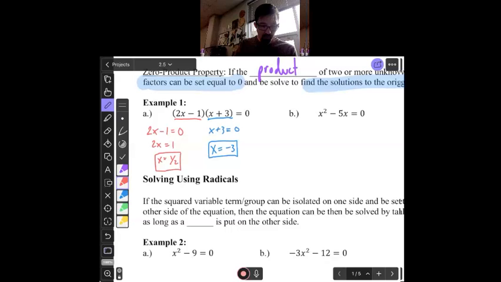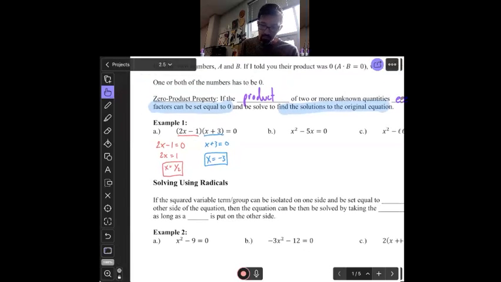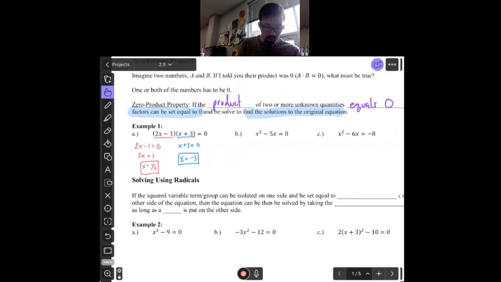Normally the problems won't be factored already, like B or C here. We do want to make note of whether or not the problem is equal to 0 or not. Okay? It does need to equal 0.